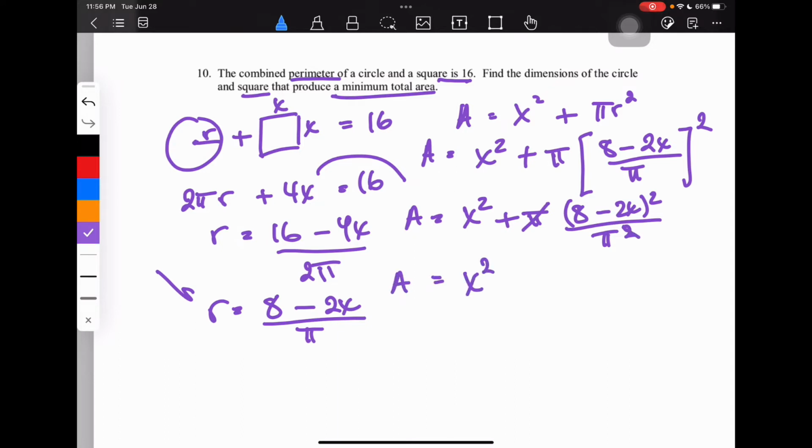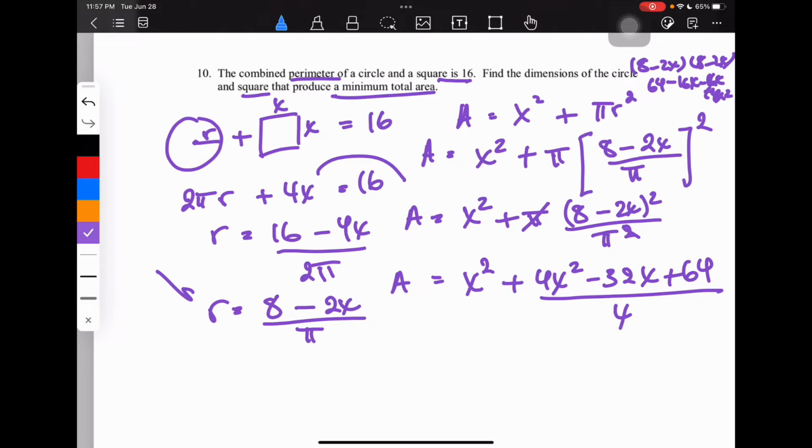Here we've got 8 minus 2x times 8 minus 2x, which is 64 minus 16x minus 16x plus 4x squared. So this is x squared plus 4x squared minus 32x plus 64, all over pi. And so we've got that.